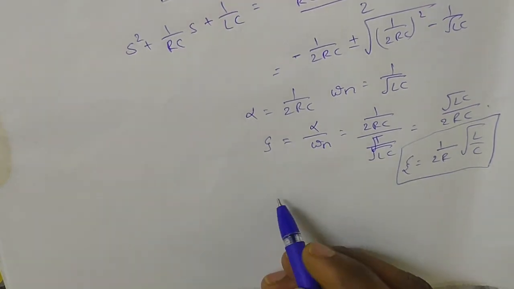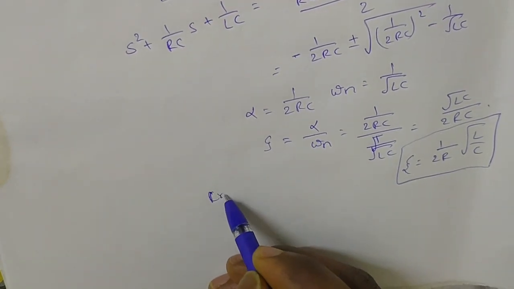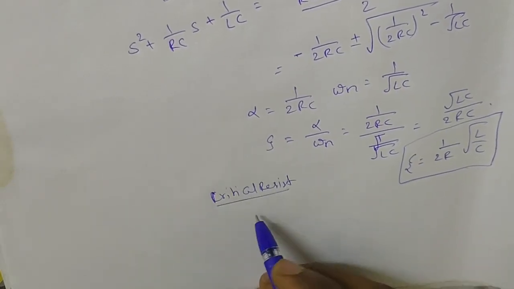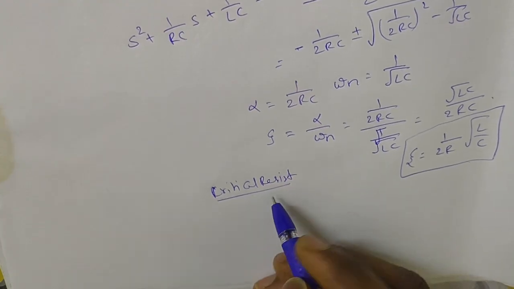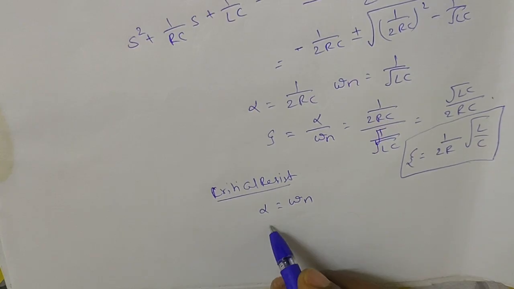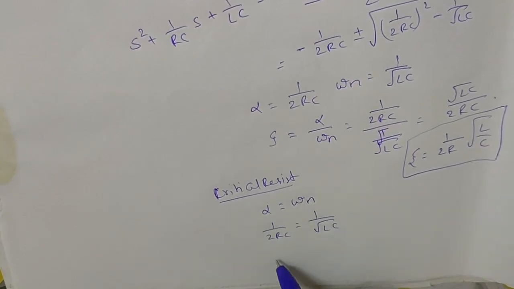And to find the critical resistance, the value of alpha should be equal to omega n. Alpha is 1 by 2RC, omega n is 1 by root LC.